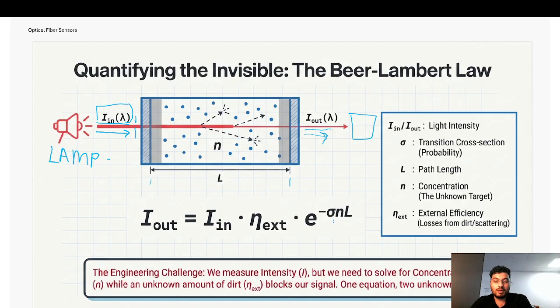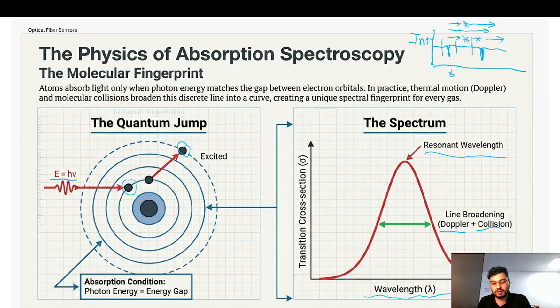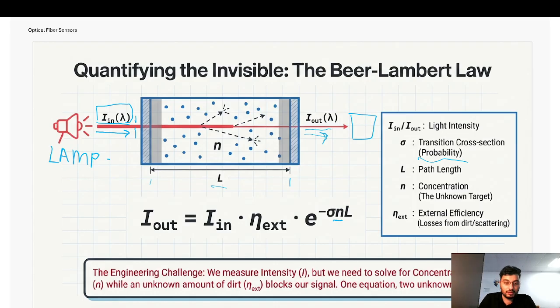So the number or concentration we can keep, and path length: if reducing the path length, then absorption will also be reduced, increasing it will increase more, and then this is the probability, the transition cross section probability, which we have discussed previously in this spectrum.